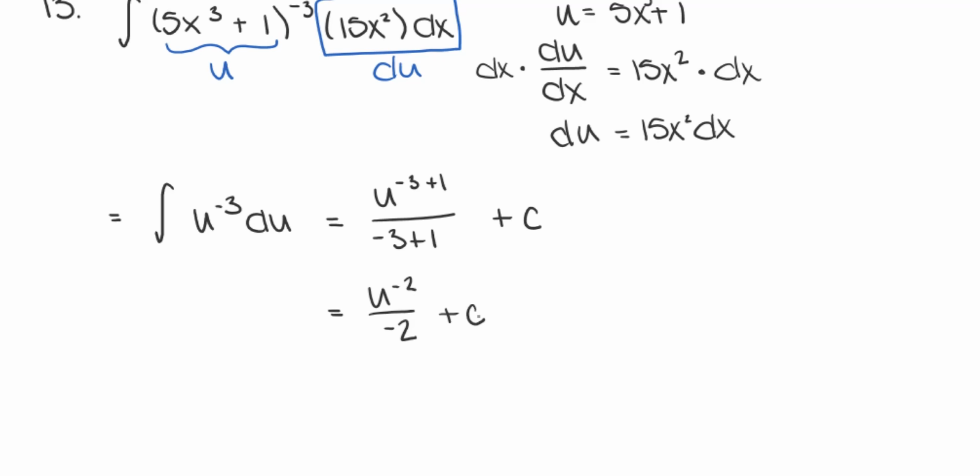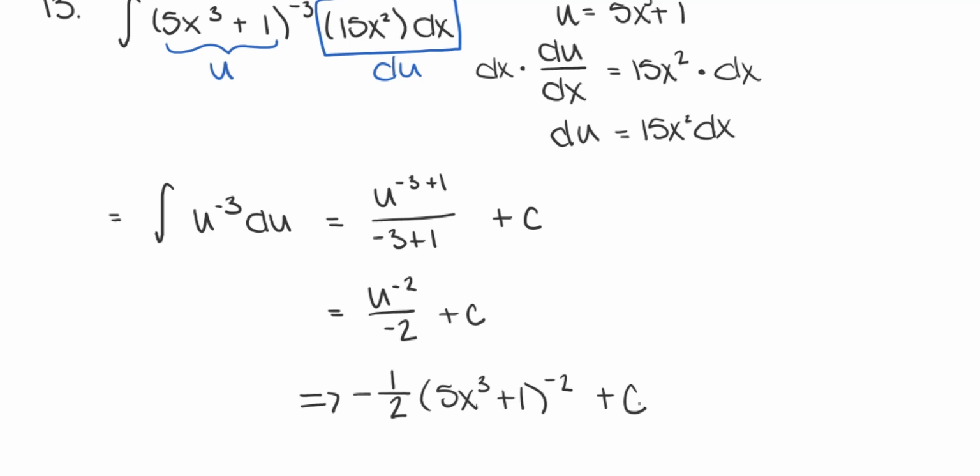And our last step, whenever we're doing u substitution, is to plug everything back in so we have everything in terms of x. So we get negative 1/2 (5x cubed plus 1) to the negative 2 plus c.